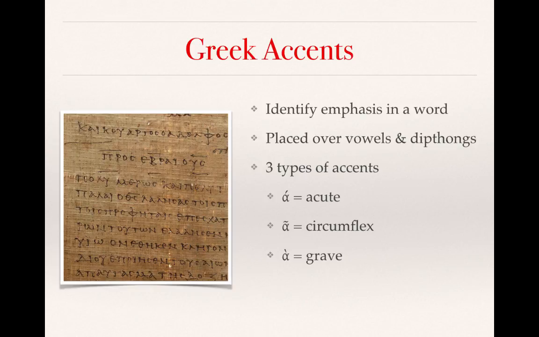And then a grave, which is sort of that diagonal to the right over a letter. Now, there is no distinction in sound or emphasis with these 3 accents. The accents are simply determined by the syllables and vowel length and some other rules in accenting. We're not going to spend a lot of time remembering those rules. We're going to learn to recognize the vowels, and we're going to learn to recognize those accents.